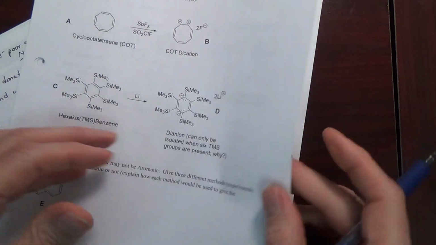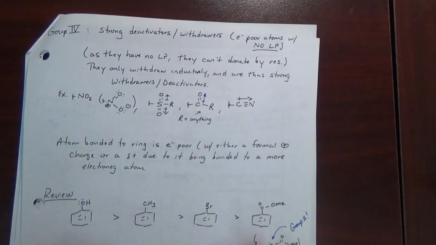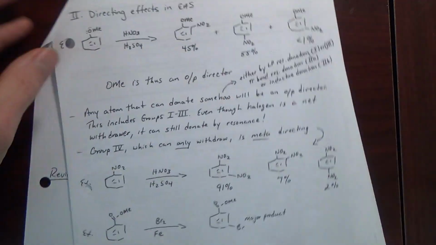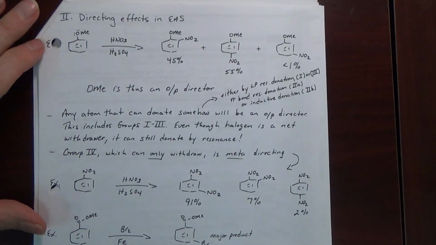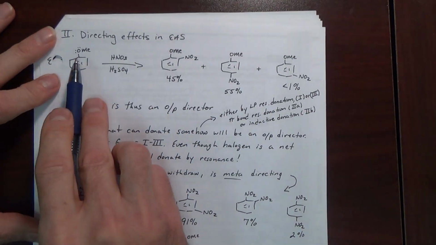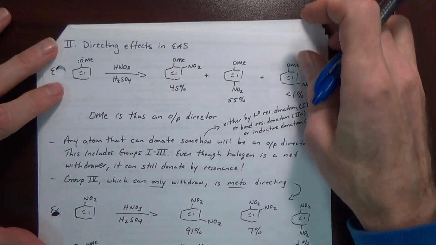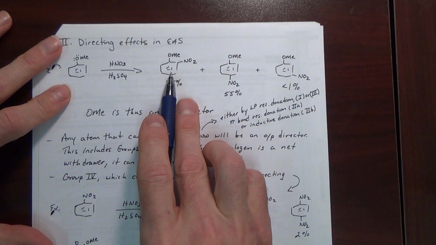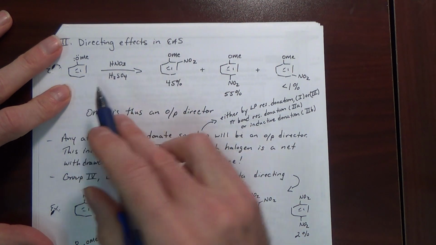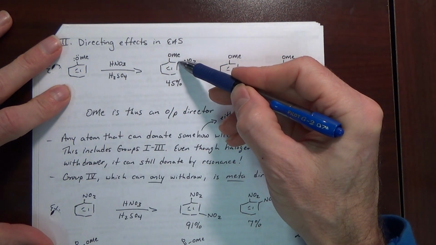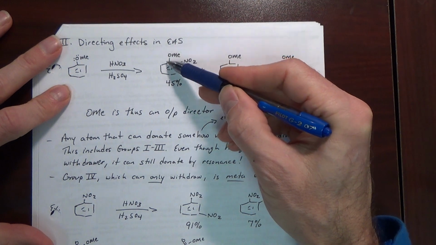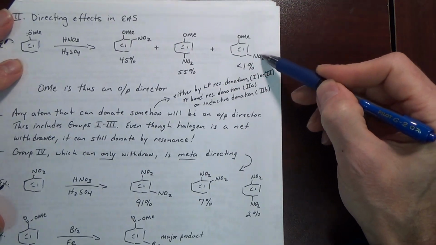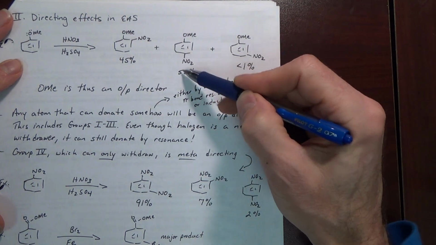So, activation, deactivation effects. In the next video, we will talk about directing effects. If you have a group, where will a new group end up? Will the new group end up ortho to the existing group, meta, or para?